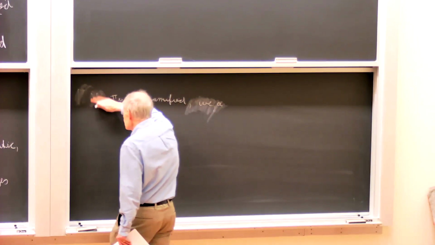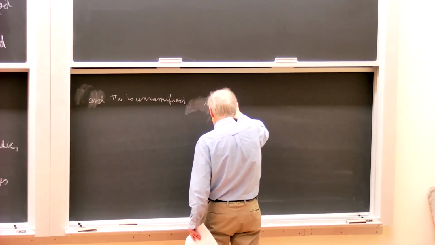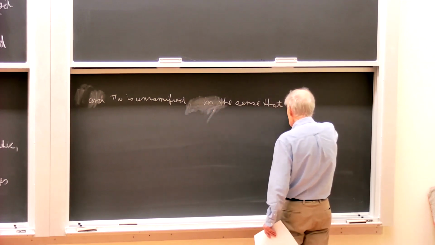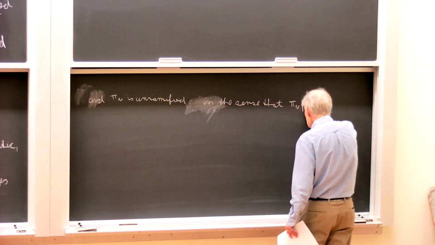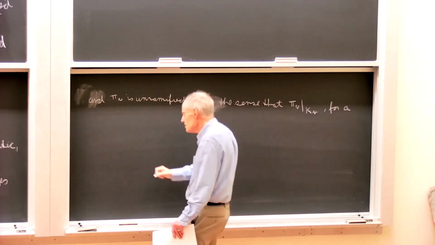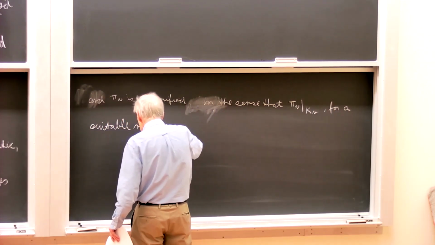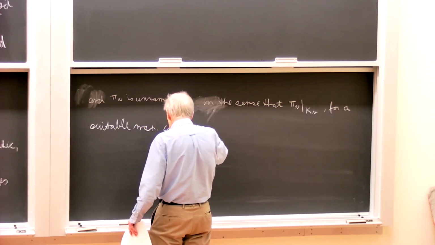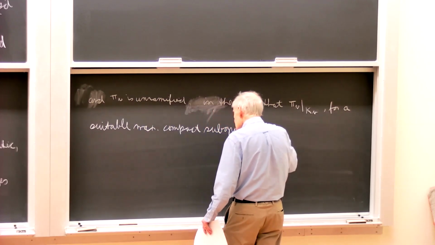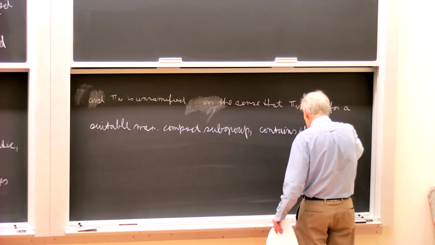And pi V is unramified in the sense that pi V restricted to KV, for a suitable maximal compact subgroup, contains the trivial one-dimensional representation.